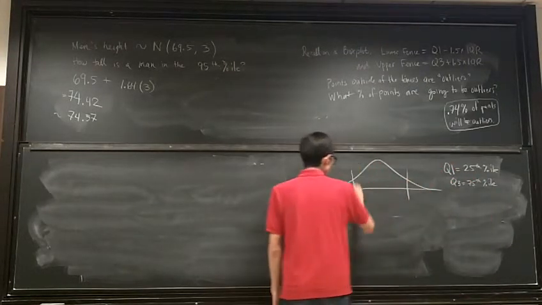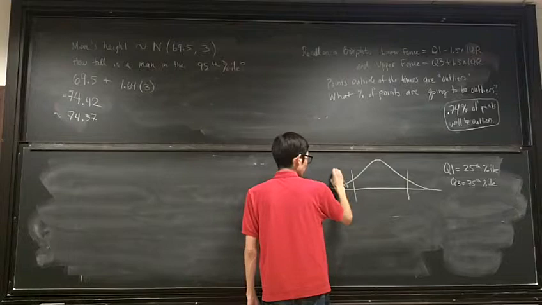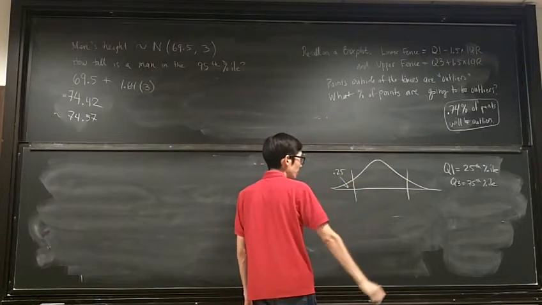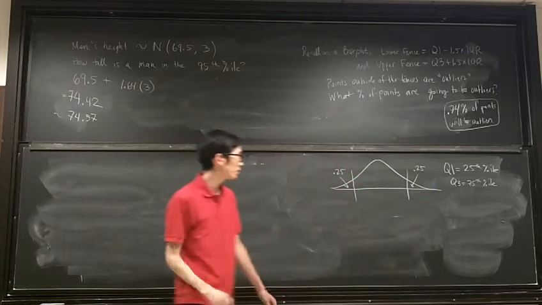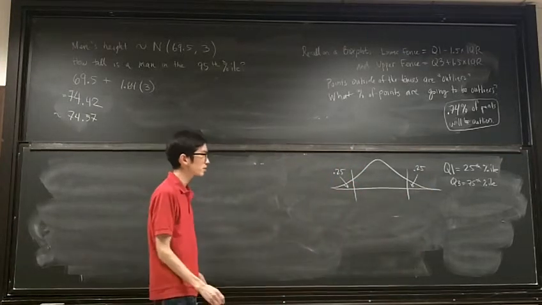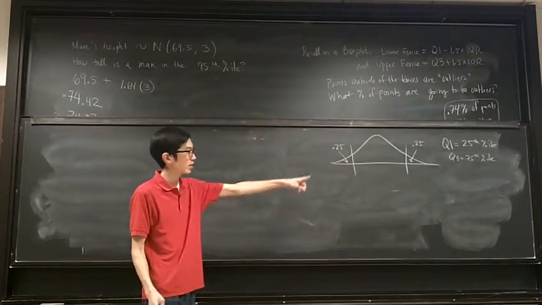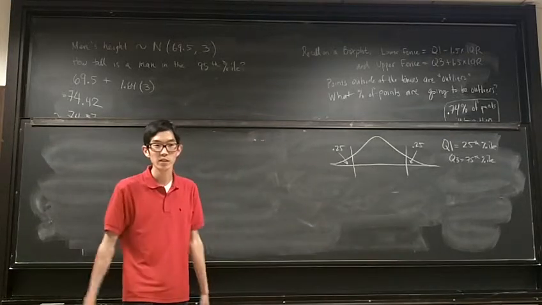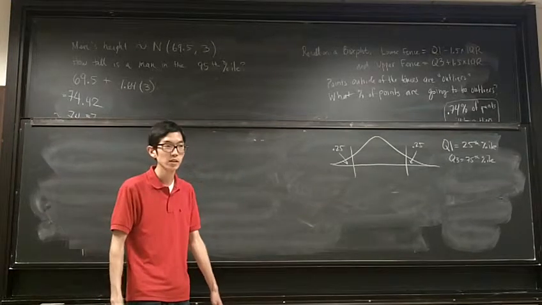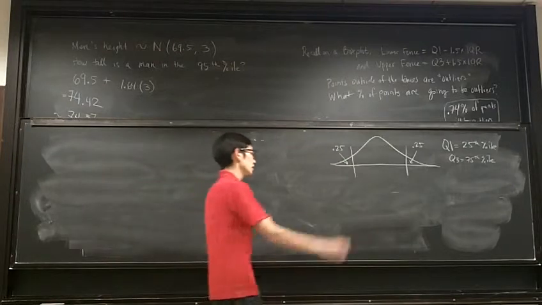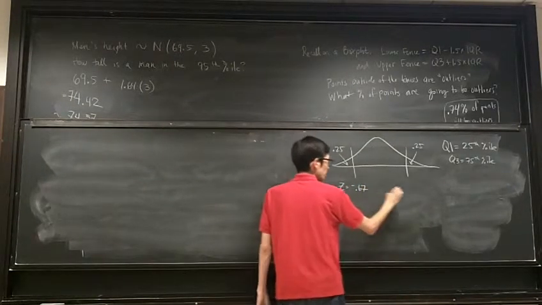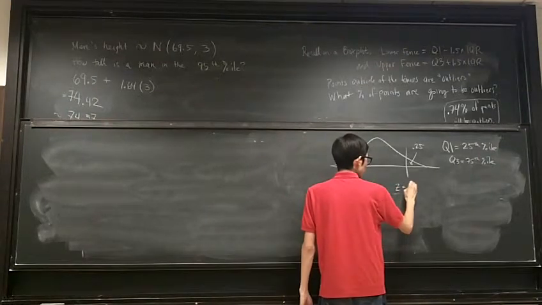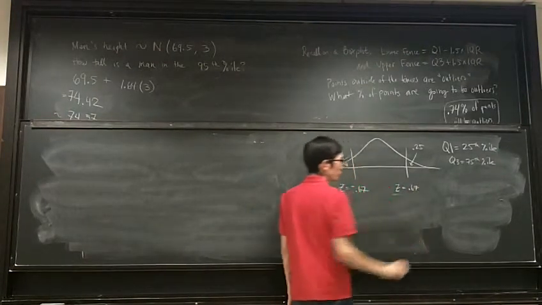Okay, so I'm going to have 0.25 there and 0.25 here. What is the z-score that's going to give me 0.25 there and 0.25 on the other side? 0.67? Yeah, okay, so I got z equal to negative 0.67 and z equal to positive 0.67.